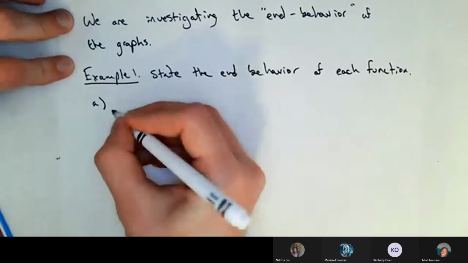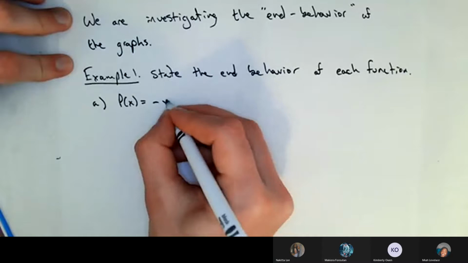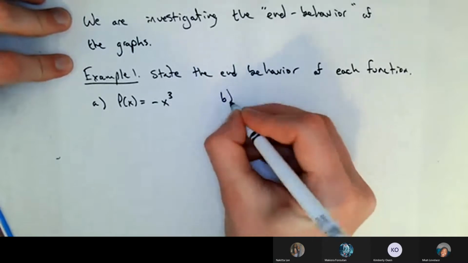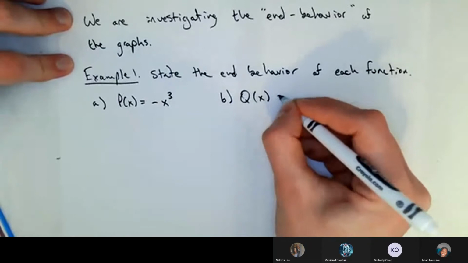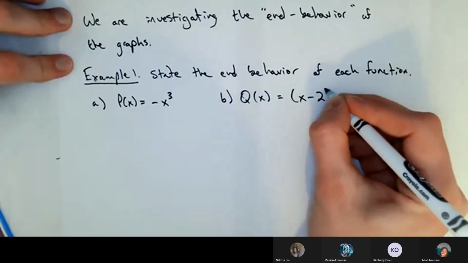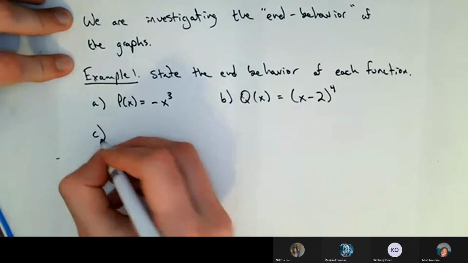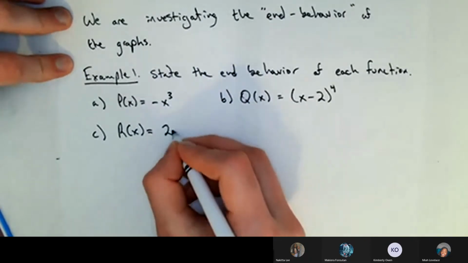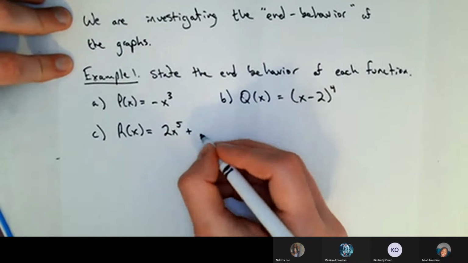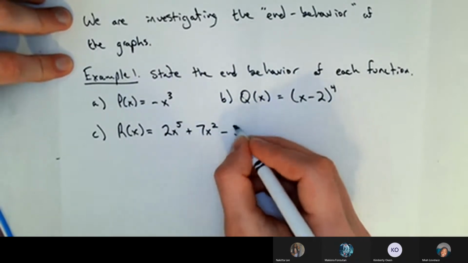All right, part A, let's say p of x equals, so it's a different p of x, negative x cubed. Let b be q of x equals x minus 2 to the fourth. And let c be r of x equals 2x to the fifth plus 7x squared minus 5.